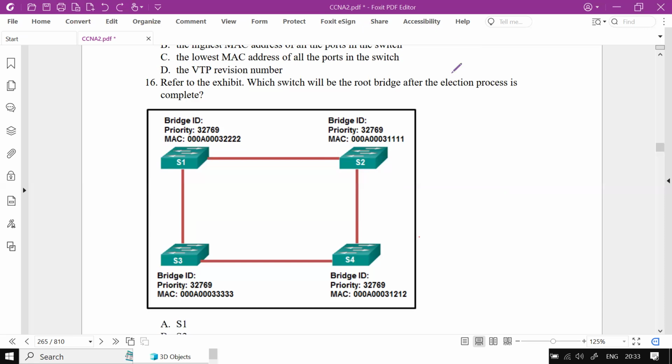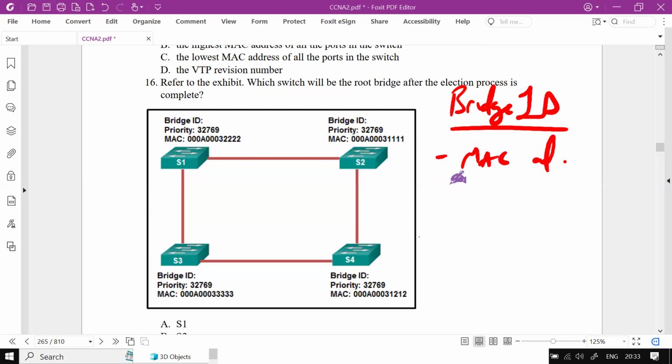The bridge ID is made up of 3 components. That's another question we answered. The bridge ID is made up of the MAC address, the bridge priority, and the extended system ID.